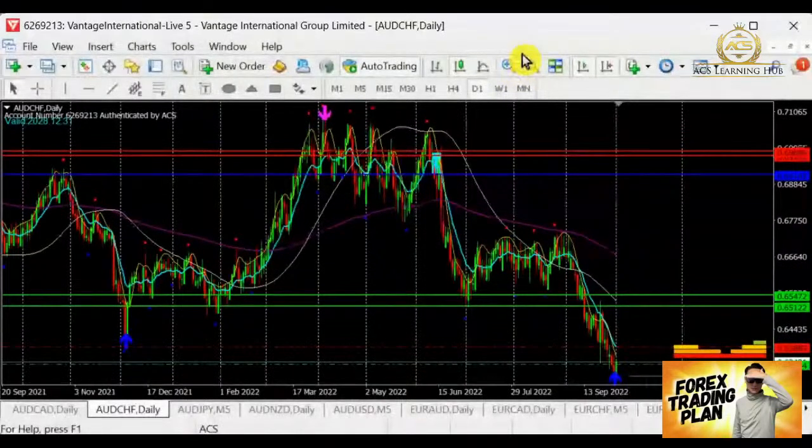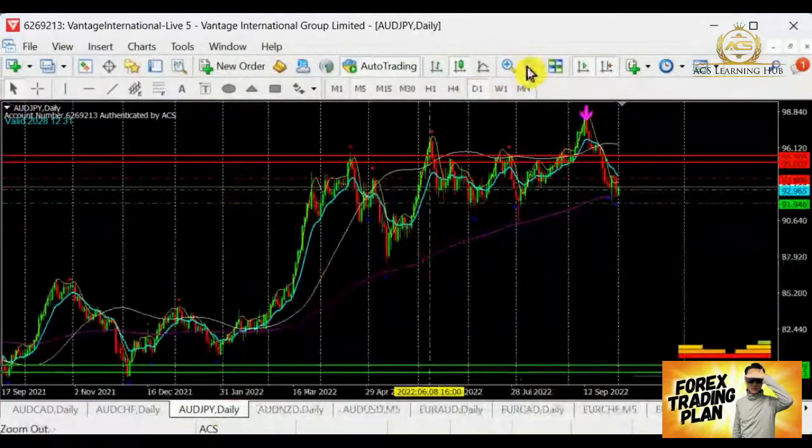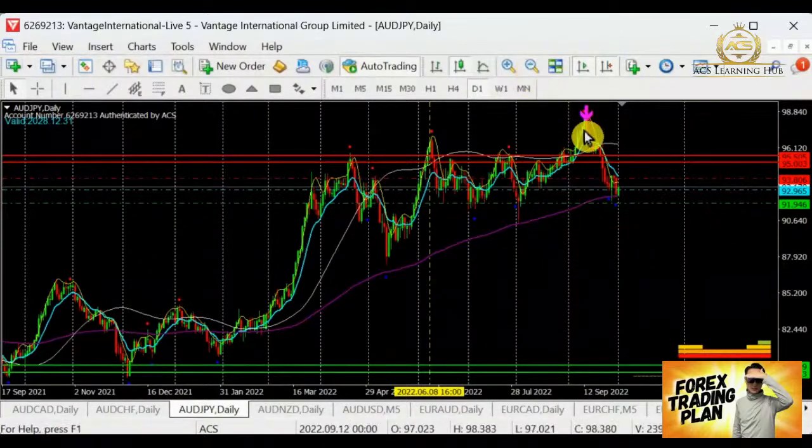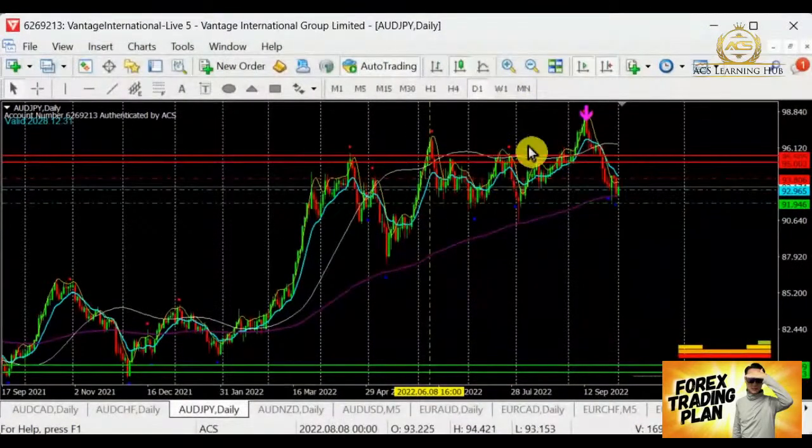For Aussie yen, yen is very good, which I guess I missed a lot of opportunity in making money for the past 2 weeks. Aussie yen has started to sell down after the escalation.